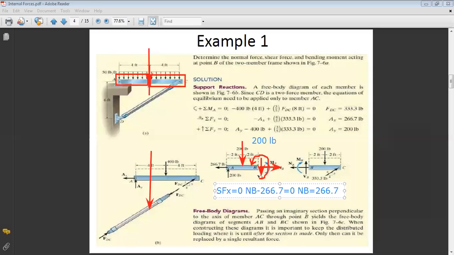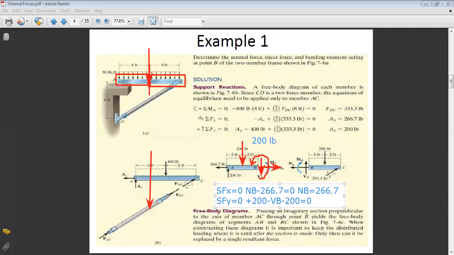Now, along Y, what do I have? Sum of Y equals to 0. Along the Y direction, I have Ay, which is plus 200. Okay. I have the shear, which is downward, so minus VB. And I have the downward resultant force, so minus 200 equals 0.